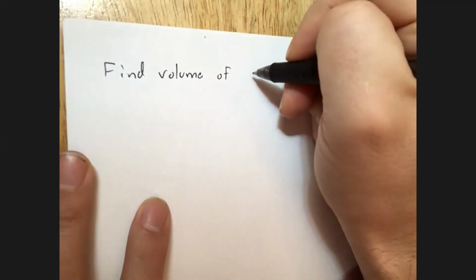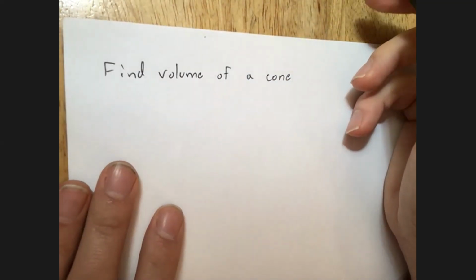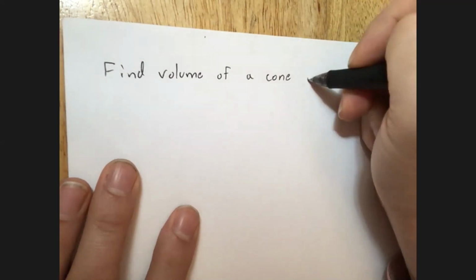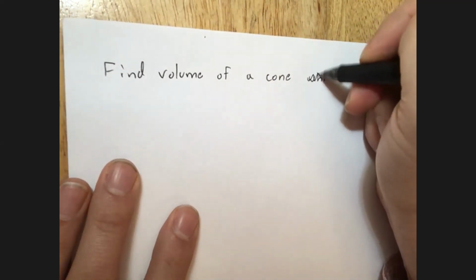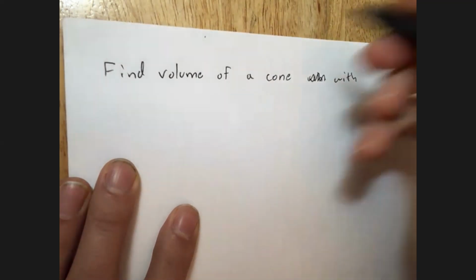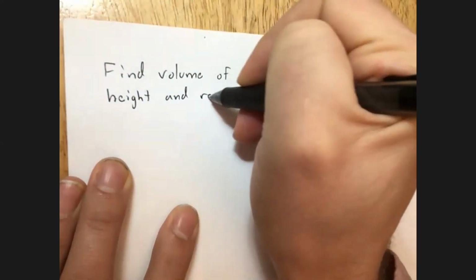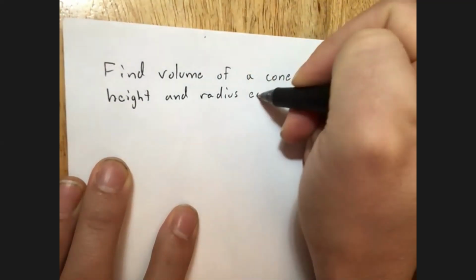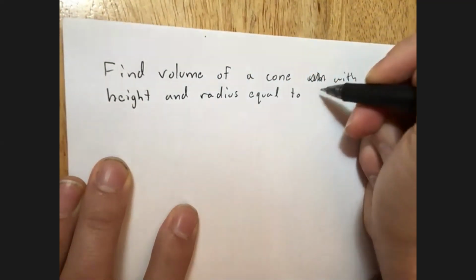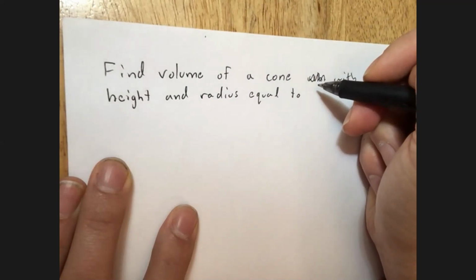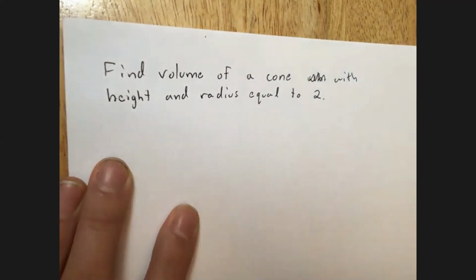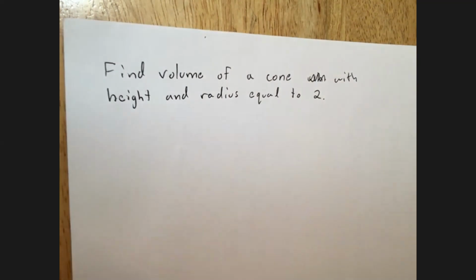So we'll start simple here. Volume of a cone with height and radius equal to, let's not do 1, let's do something more interesting like 2. Okay.